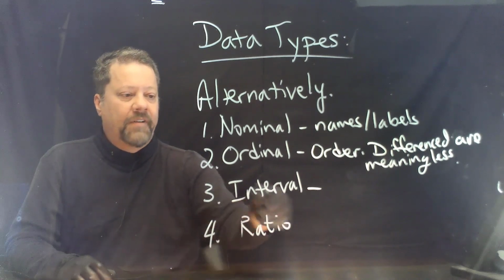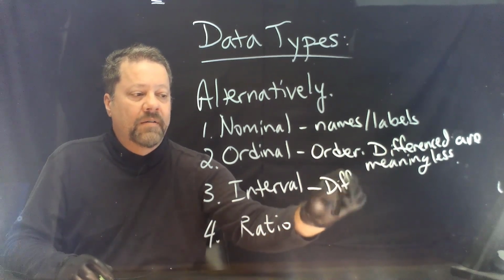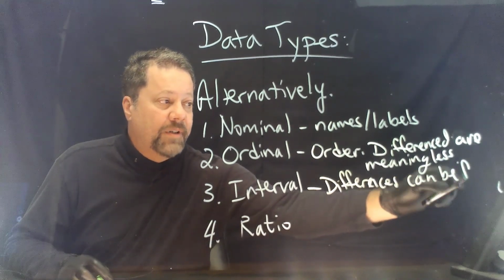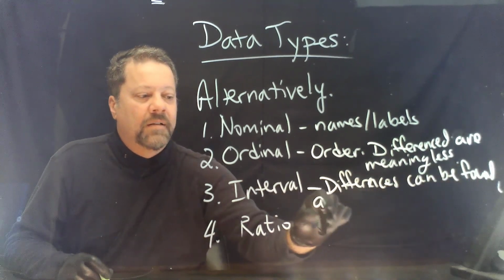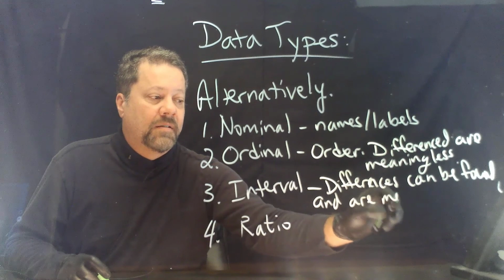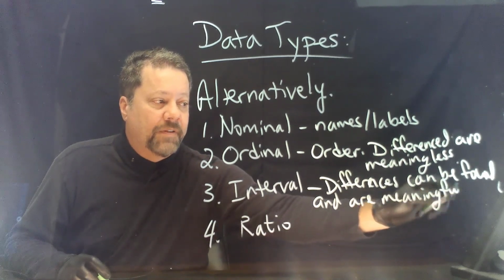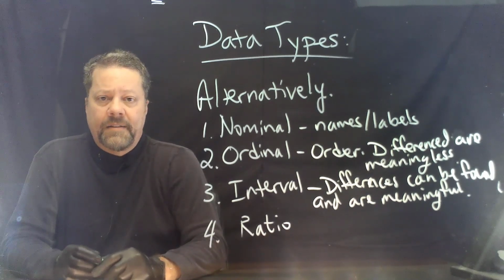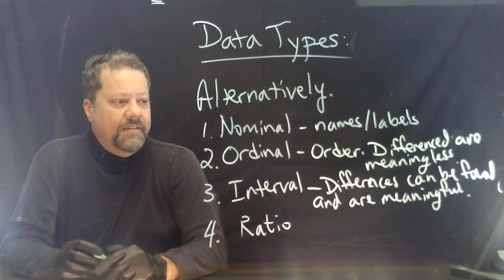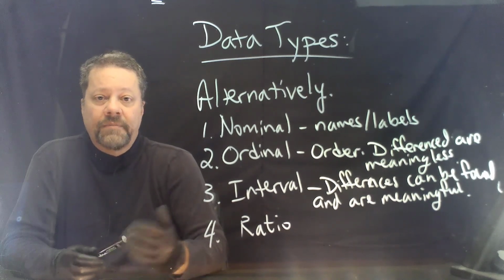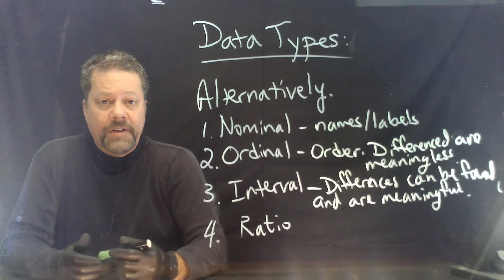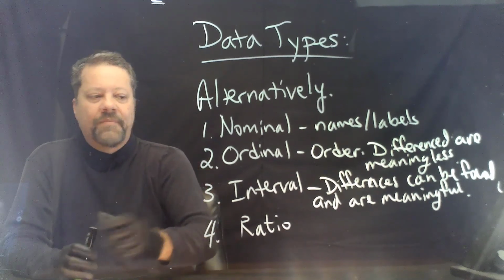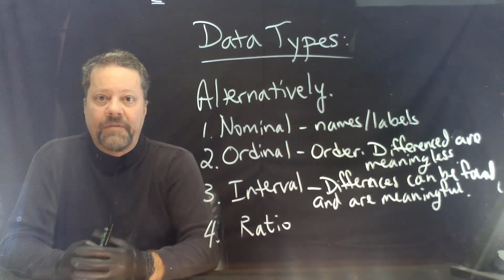As an example of interval data, where differences can be found and are meaningful, I'll give you the example of temperature in degrees Fahrenheit. Degrees Fahrenheit, the differences are meaningful. 100 degrees is very different from 32 degrees Fahrenheit. So the intervals between those, how big that interval is quite meaningful to you.